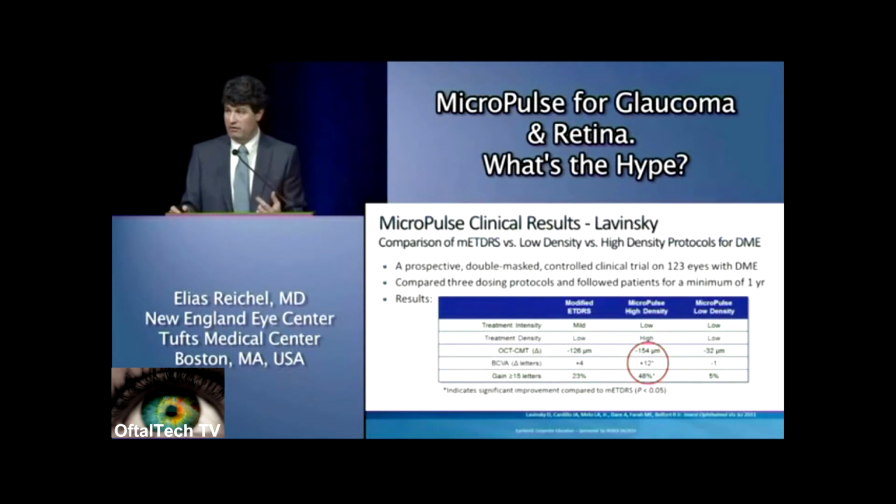You had almost a 50% gain in 3 letters in patients in this study, compared to low density micropulsing, where it was only about 5%, and modified ETDRS had improvement in between those two. So it really does suggest that high-density micropulsing is a very valid approach. It also shows that modified ETDRS is not that bad.